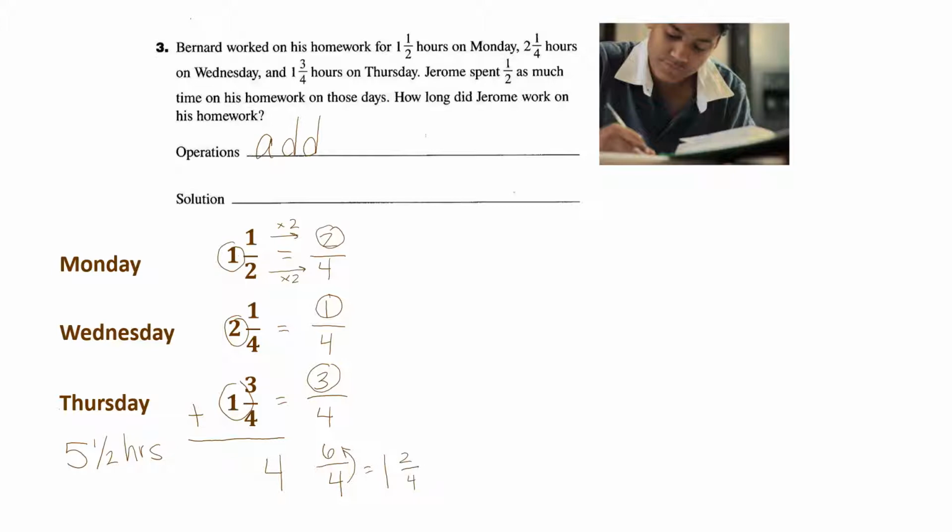And 1 2/4 is the same as 1 1/2. And 1 1/2 plus 4 equals 5.5. So we know that Bernard worked for 5.5 hours.